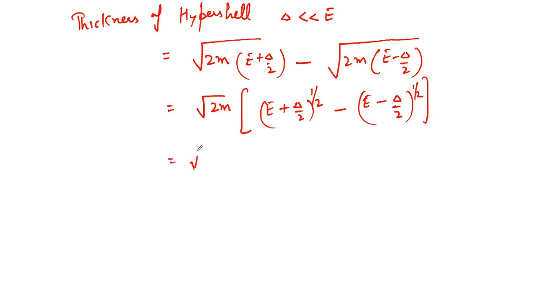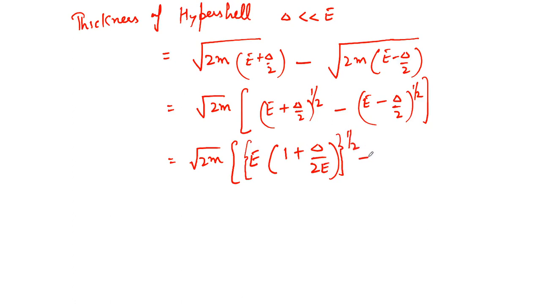So taking e as common, this equation comes out to be (1 plus delta over 2e) to the power 1 by 2, if I keep this within the bracket, minus, again within this bracket, (1 minus delta over 2e) to the power 1 by 2.